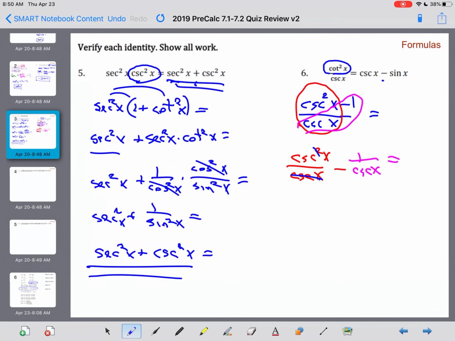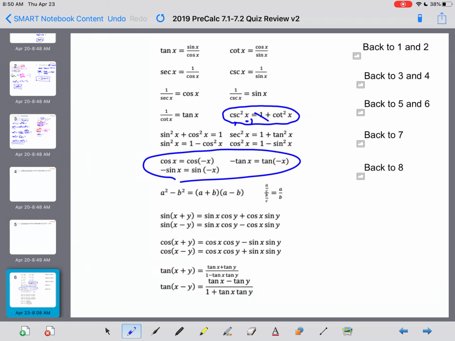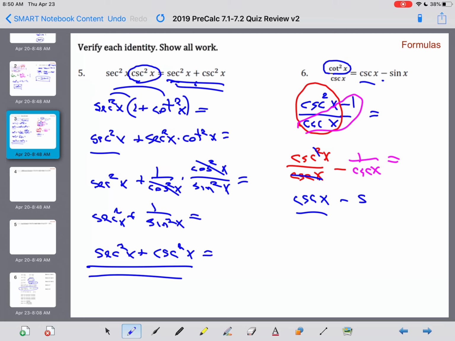This changes that power to that, so I get cosecant x, which is what I have here, minus 1 over cosecant. Again, if we look at our formulas here, 1 over cosecant is right here. That's going to equal sine of x. So this is sine of x, and now this equals that, so we have verified.